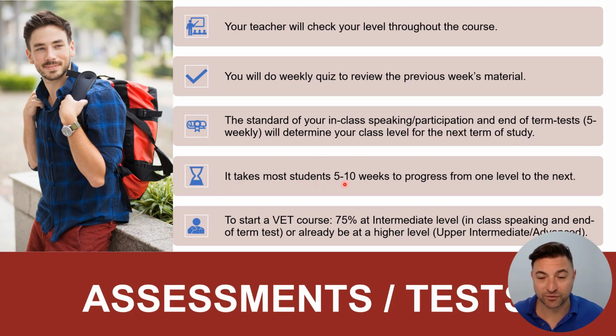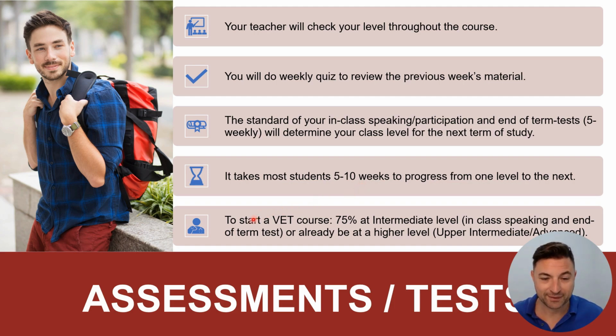So it takes students between 5 and 10 weeks to progress from one level to the next, as I said before, and best practice, particularly for students at pre-intermediate or even intermediate level, is about 10 weeks. So it usually takes people about 10 weeks, particularly at that pre-intermediate and intermediate level, to move up to the next level.